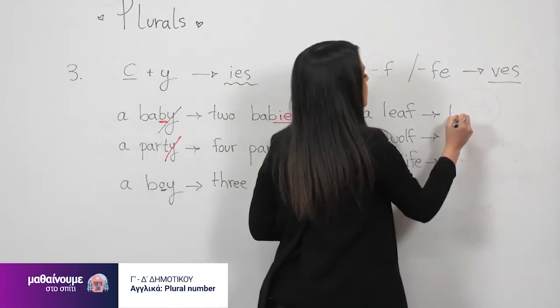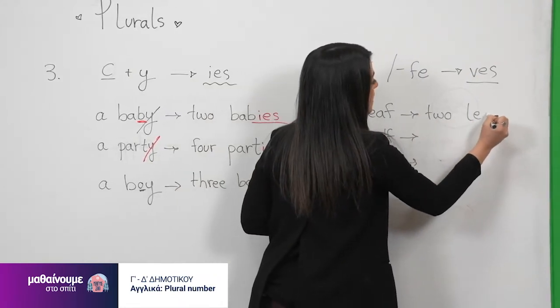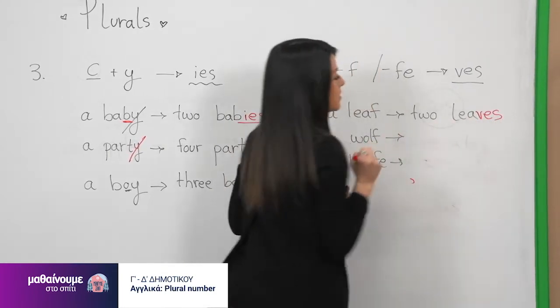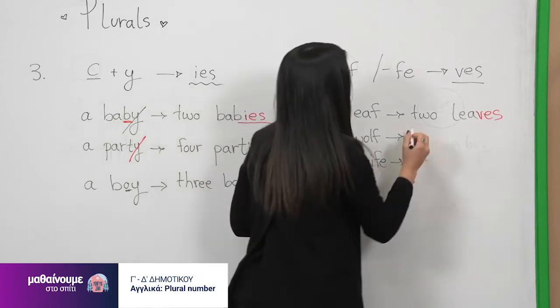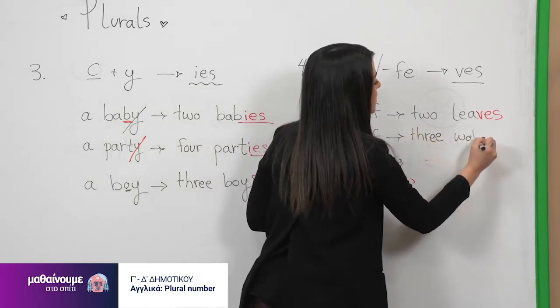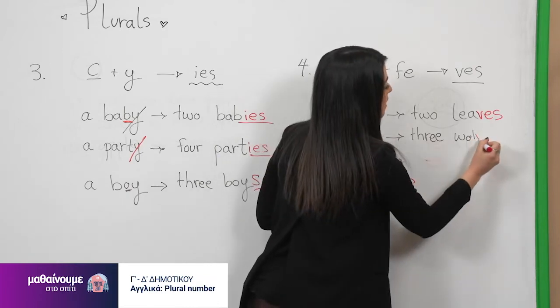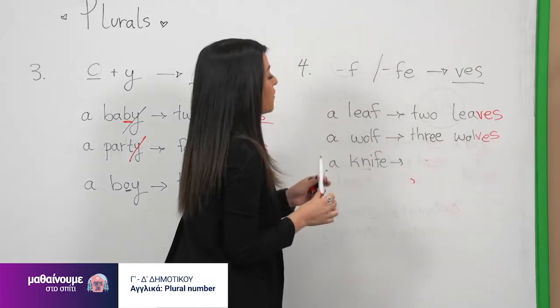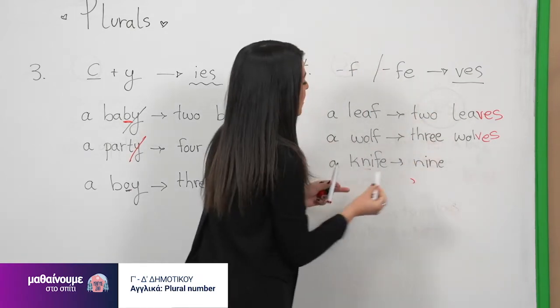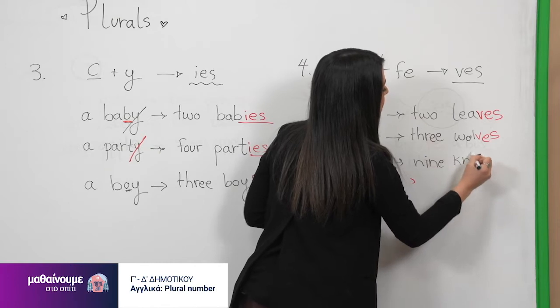A leaf, 2 leaves, VES, okay? A wolf, 3 wolves, VES. And a knife, 9, I'm just writing any number, it doesn't matter. 9 knives.